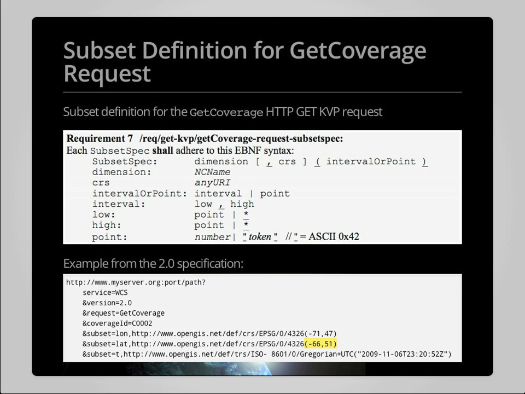And finally, we have a third subset that relates to t, a defined name for time, the URI that defines a particular model for the representation of time, and then within the parentheses, a time value. The combination of these three subset parameters actually defines a geographic and temporal subset that should be applied by the server in generating the data product that's going to be returned.